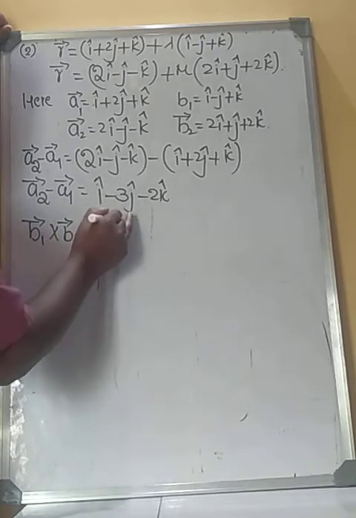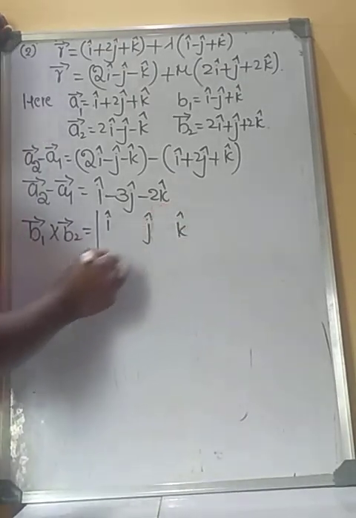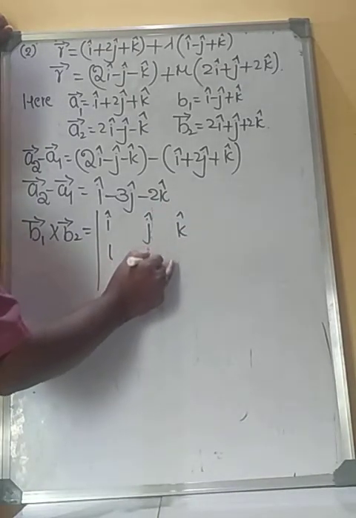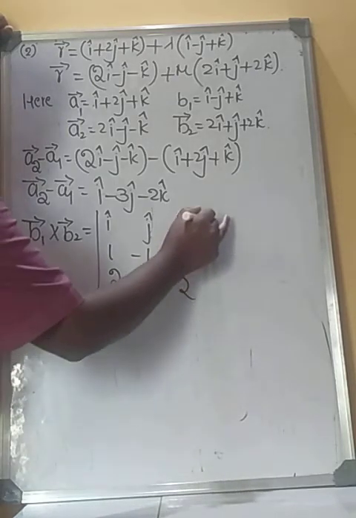Next, find B1 vector cross B2 vector, which is the determinant with i, j, k. B1 is 1, minus 1, 1 and B2 is 2, 1, 2.